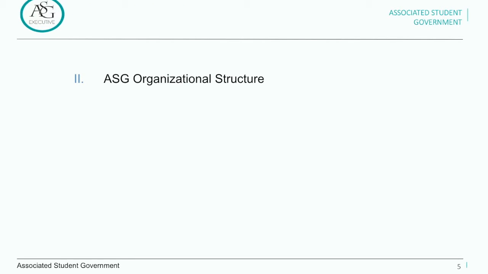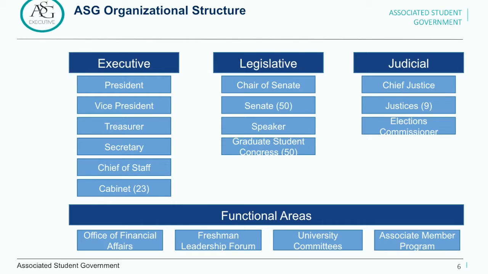A little bit about the ASG organizational structure. We have the executive branch, which is comprised of the president, VP, treasurer, secretary, the chief of staff, and their 23 cabinet members. Legislative bodies consist of the Senate, which represents undergraduate and law students, and the Graduate Student Congress, which represents the graduate students, and both of those have 50 members.